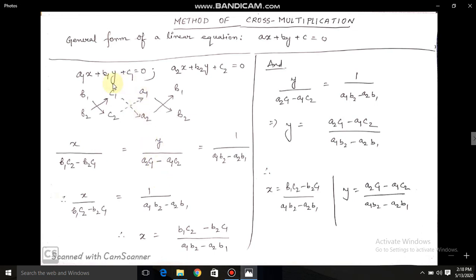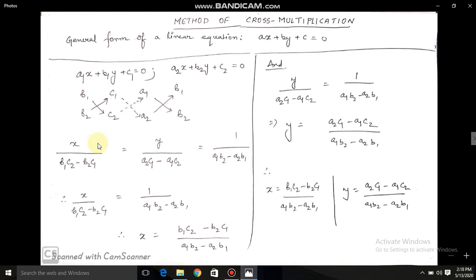Again, for y, we will consider c1 into a2, that is a2 c1, and c2 into a1, that is a1 c2. Equal to 1 by, now we will consider a1 into b2, that is a1 b2, and a2 into b1, that is a2 b1.